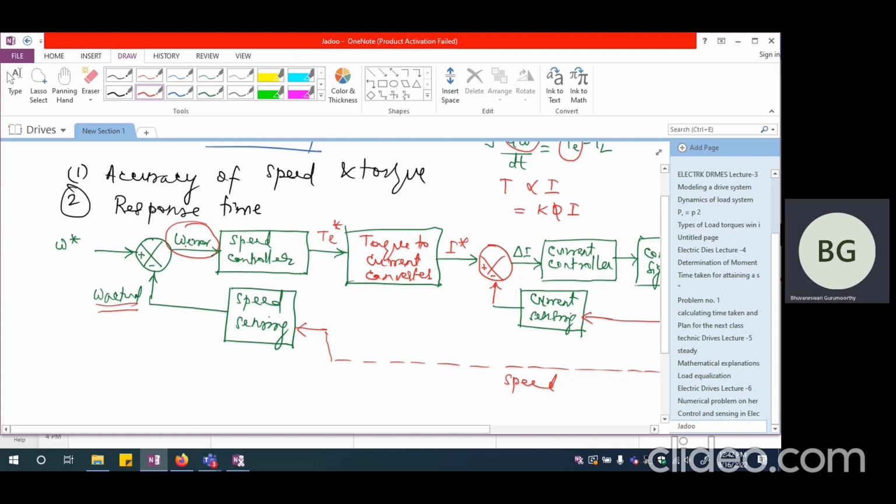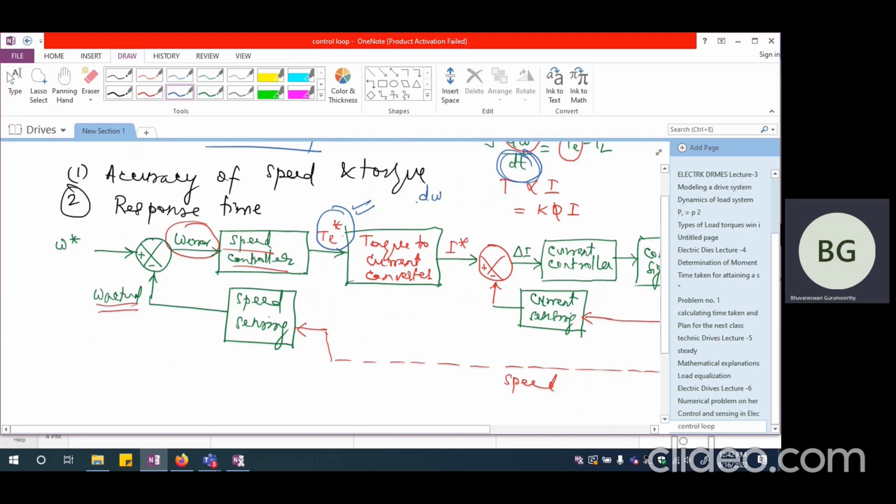Now, this speed error is processed by the speed controller. The speed controller is going to say, if I have so much of torque developed by the motor, then the speed error can be bridged within a particular duration dt. So that is going to decide how much is the electromagnetic torque that has to be developed. Now, definitely this has to take into account two things.